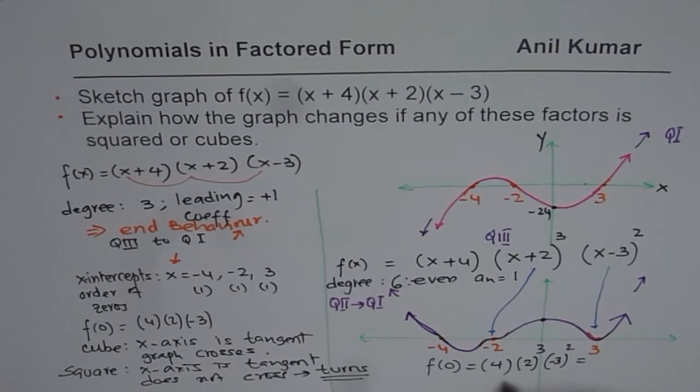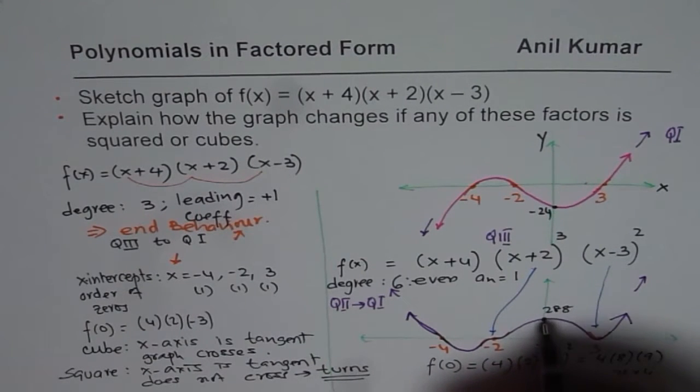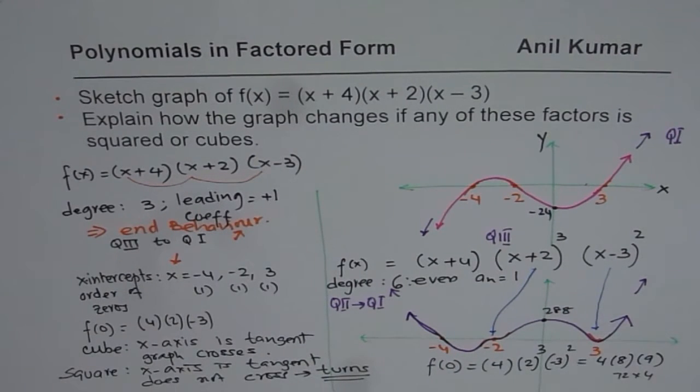It's a big number. 2 cubed is 8, and 3 squared is 9, but positive 9. So you can multiply these numbers: 8 times 9 is 72, and 72 times 4 is 288. So that becomes the y-intercept for our example.